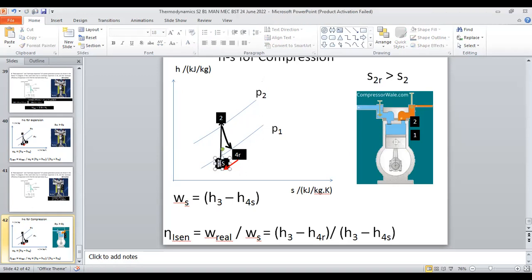So this is 1. This is 2s. Okay. Entropy increases in the real. So 2 real is this.